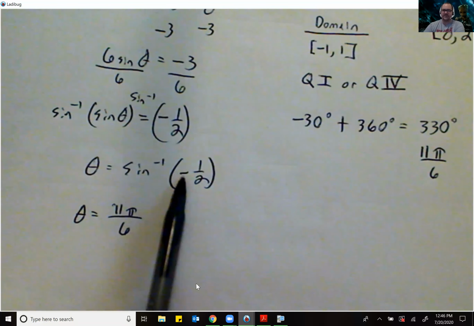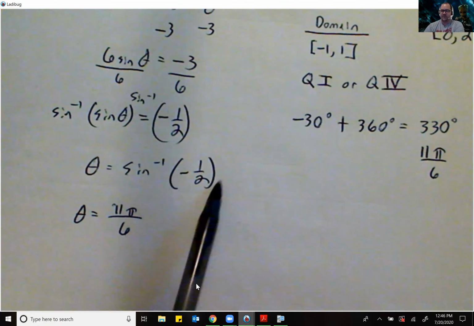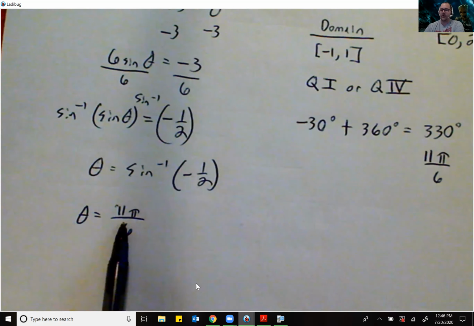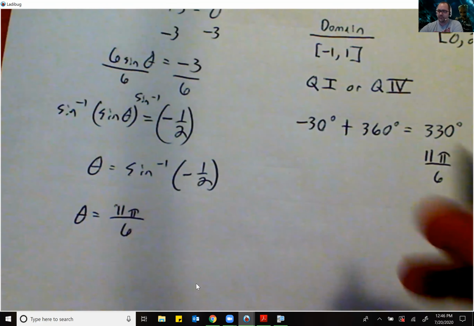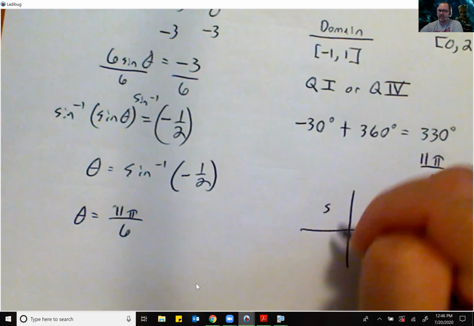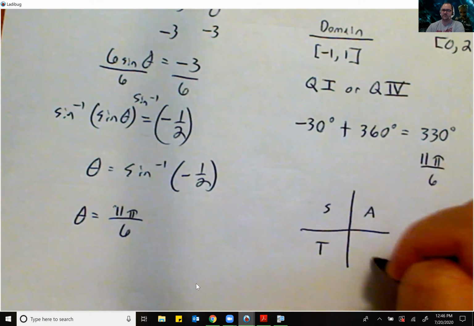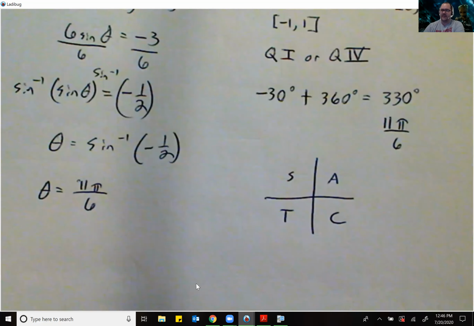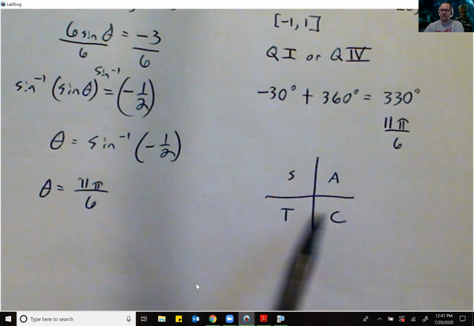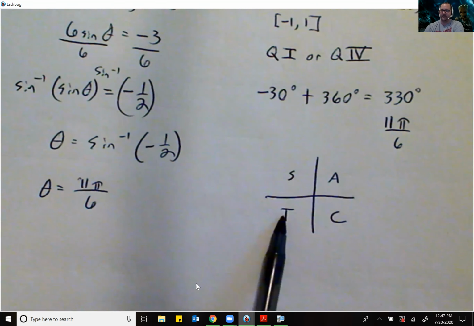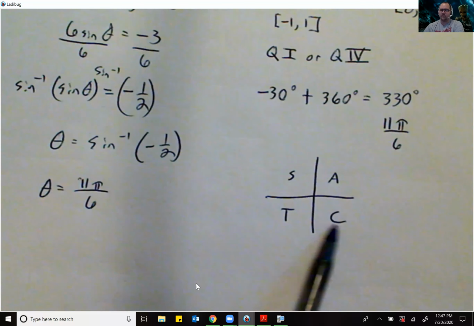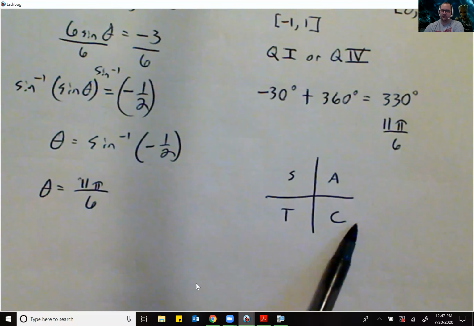What quadrants is sine negative in? And that's quadrant 4, which we have that answer, and quadrant 3. Remember, all students take calculus. A and S is where sine is positive. That means T and C is where sine is negative. Okay? We have quadrant 4, we need quadrant 3.